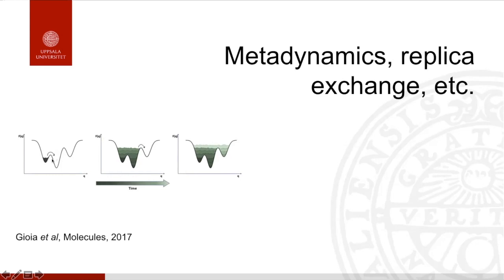So we simulate in the wells, and then we balance them with extra potential so that the molecule would not really get into that deep well. So it would just jump around, but it would be more likely to be found in that intermediate step. And then you increase it even more, and you fill it with water, in a way, of extra potential, of extra free energy in that case, to go to all possible states.